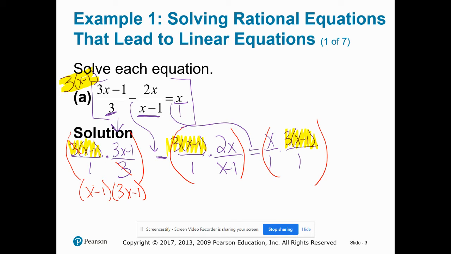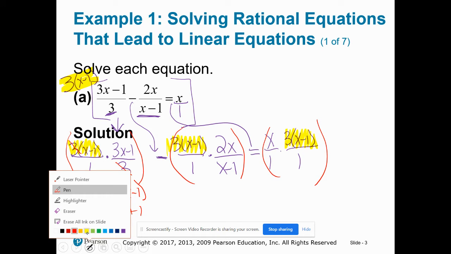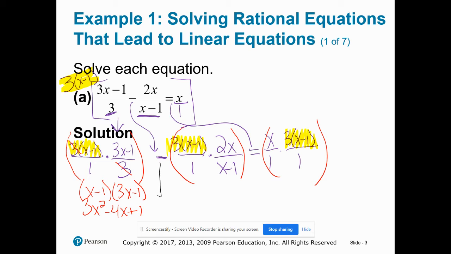You would go ahead and FOIL or distribute or however you love to multiply this. And we get 3x squared minus 4x plus 1. I'm keeping that subtraction.